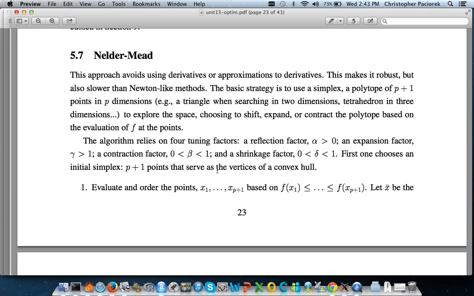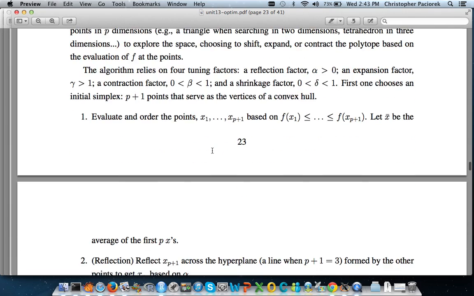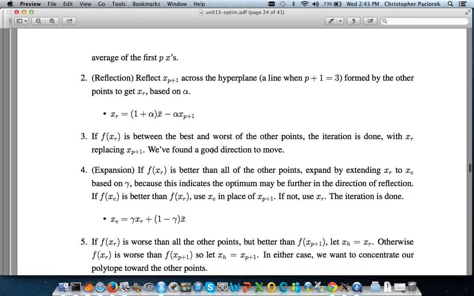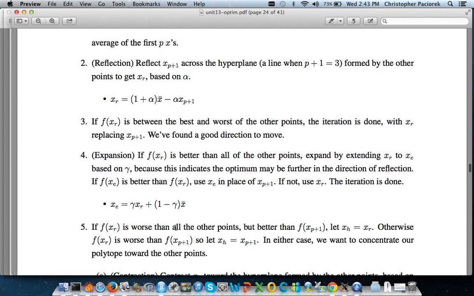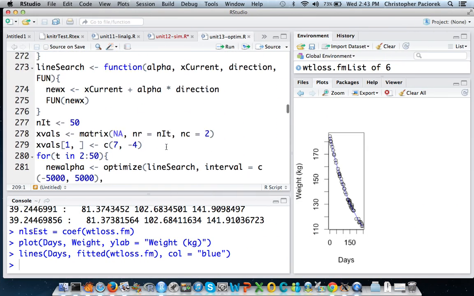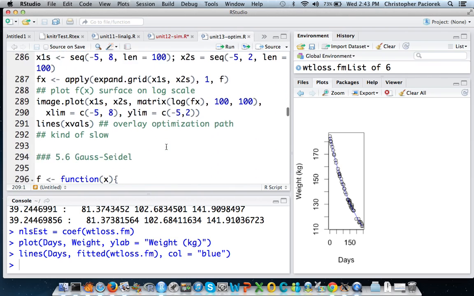Anytime you see a Greek letter, just think of that as some tuning parameter that we could choose that will determine, as we see what these values of f are, if we move over here or we shrink towards that, how much we shrink or how much we move, and those sorts of manipulations. Okay, so this is in words what happens, and I'll try to refer back to this, but I think the best thing to do is just to see an example in the actual R code.